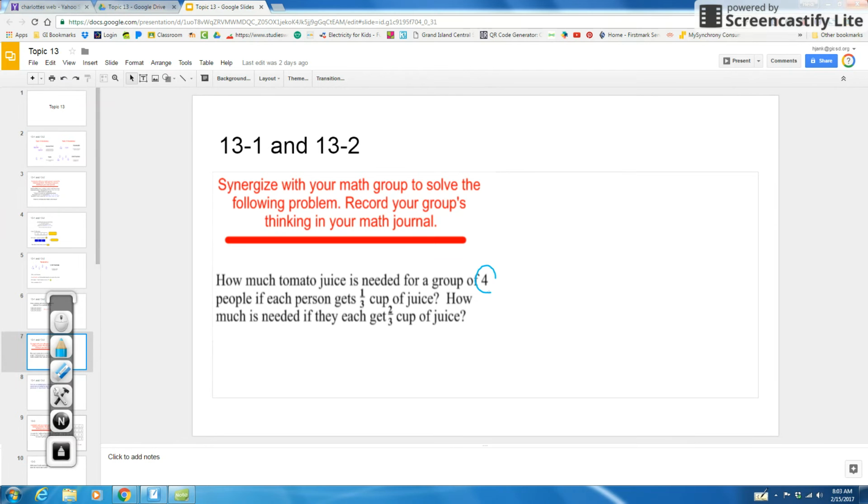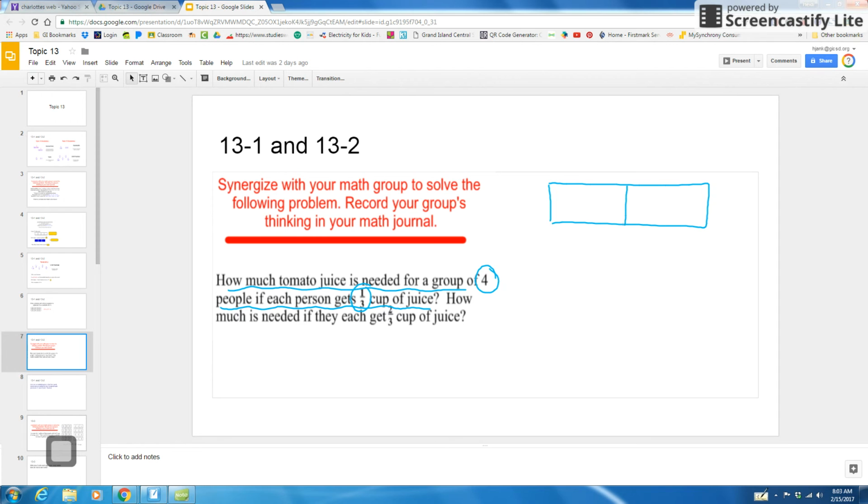So I'm going to come back to here, circle our cubes. They want to know how much is needed if each person gets that. I'm going to draw a little bit of a picture here. So we know there's 4 people. So I'm going to take my group. I'm going to make my 4 people. Okay, each of these boxes is my 4 people.